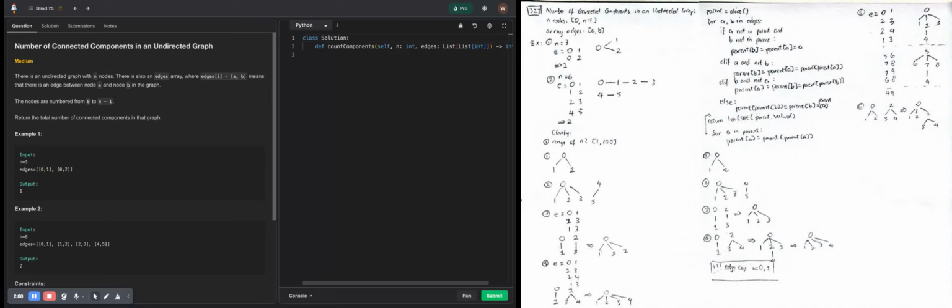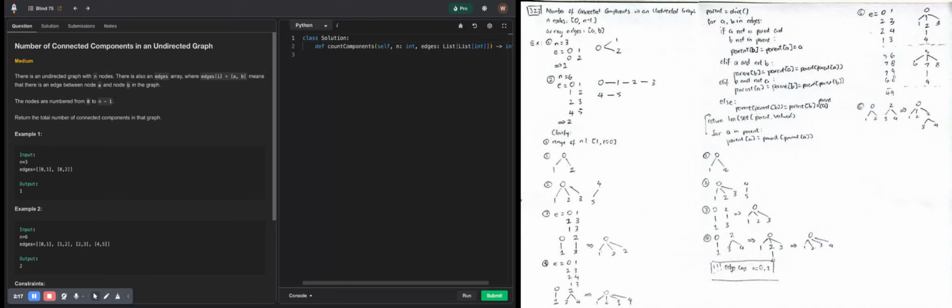Return the total number of connected components in that graph. I'm still a bit confused on the question, so let's move forward with the examples.